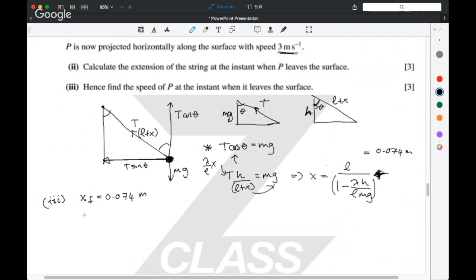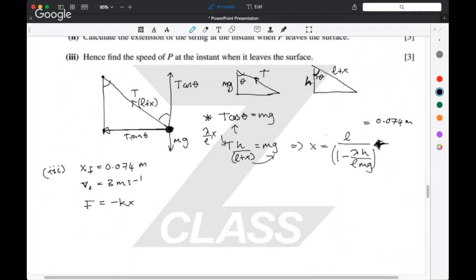And we have that our initial speed, when it was over here, was 3 meters per second. And our restoring force is minus kx. This is the elastic restoring force, the force acting on the particle to pull it back, which is minus lambda over L x.